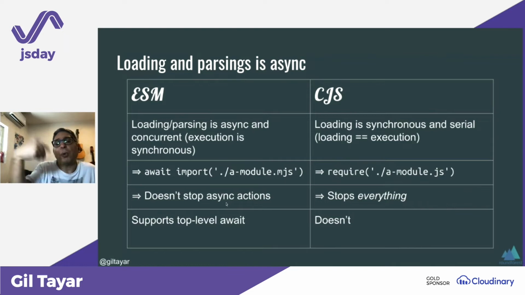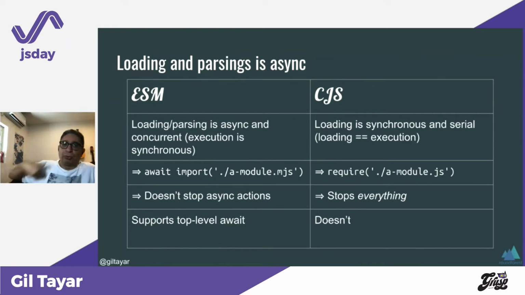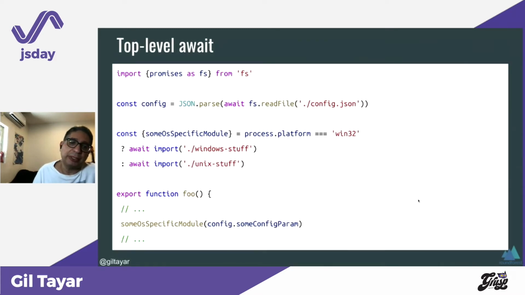In ESM, whilst you await the import, requests can happen. Think of an HTTP server. It can continue loading, executing requests because everything is async. In CJS, it requires stop service. ESM, and we'll talk about it in a second, supports top-level await, and CJS, because it's synchronous, doesn't support top-level await. What is top-level await?